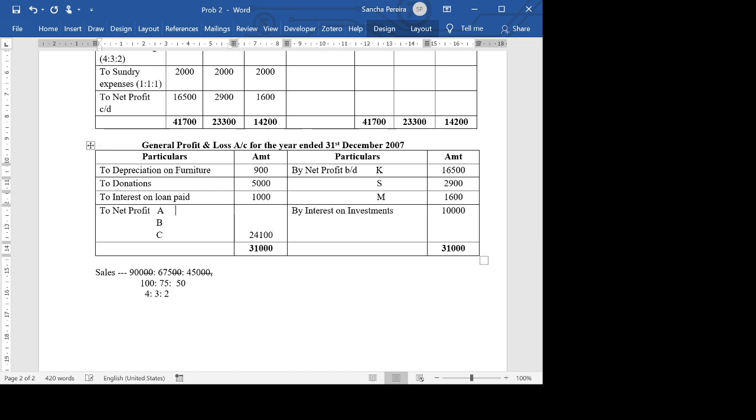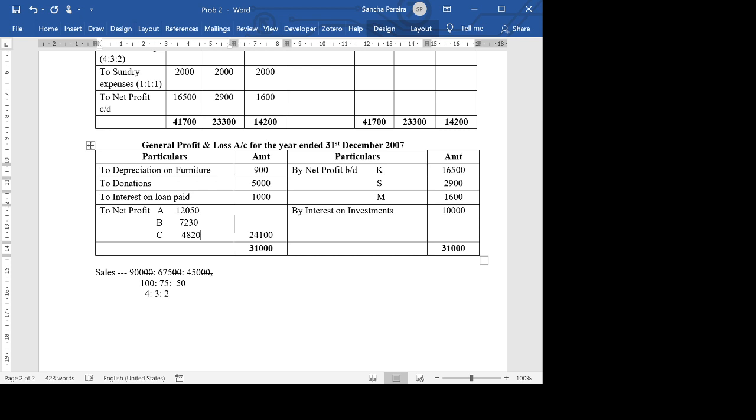After dividing, what I get is 12,050. You can check these figures. I'll get 7,230, and I will get here 4,820.